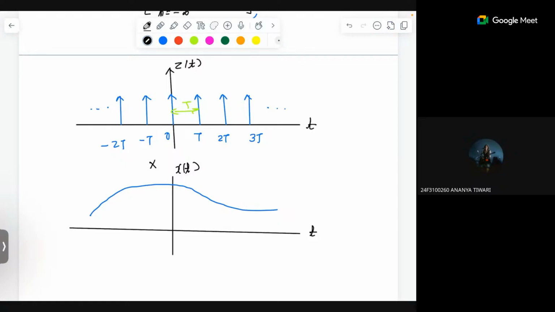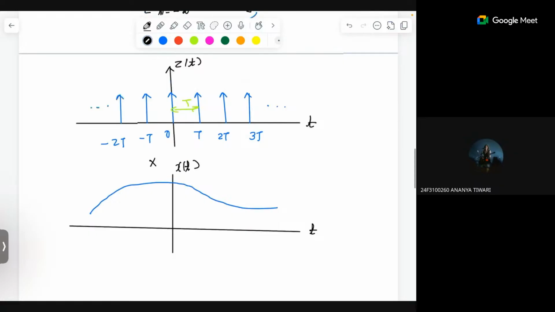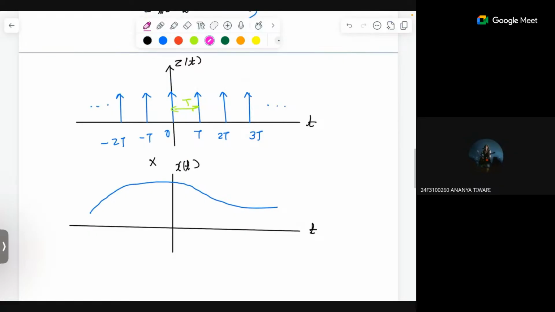So we will have the same impulses but with some scale factor and that will correspond to x of t. So at t equal to 0, I will have this sample, and the amplitude will become the one of x of t at t equal to 0.